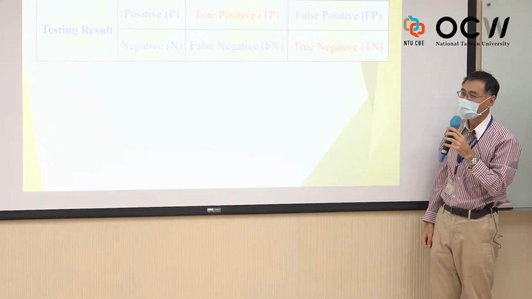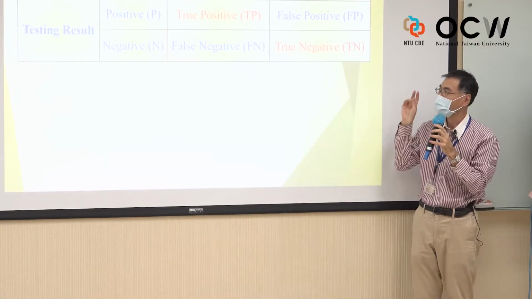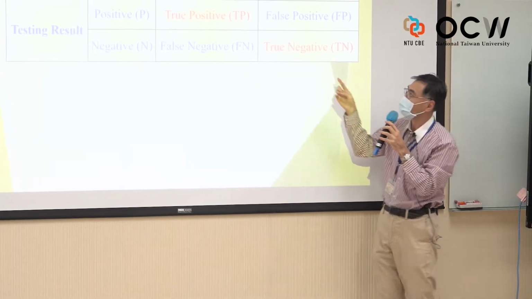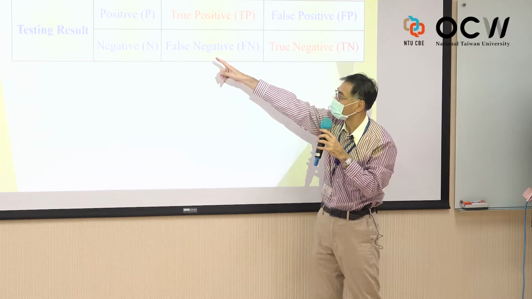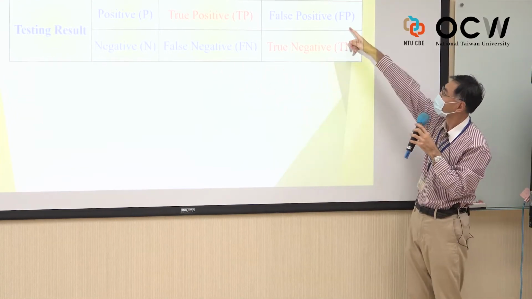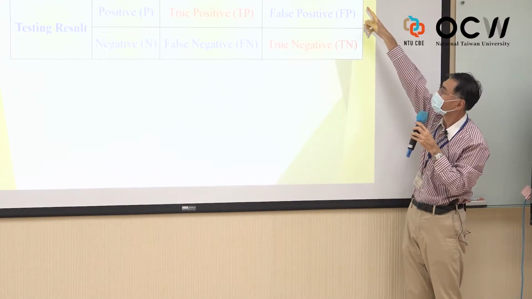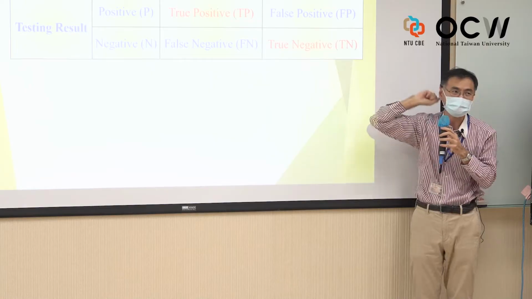Right? But those are the correct ones. What about the wrong ones? There will be two possibilities. The first one is someone having the disease but tested negative, so that's a false negative, not true. And it could also be the other way around, that people having no disease but tested positive, that's terrible, that's a false positive.